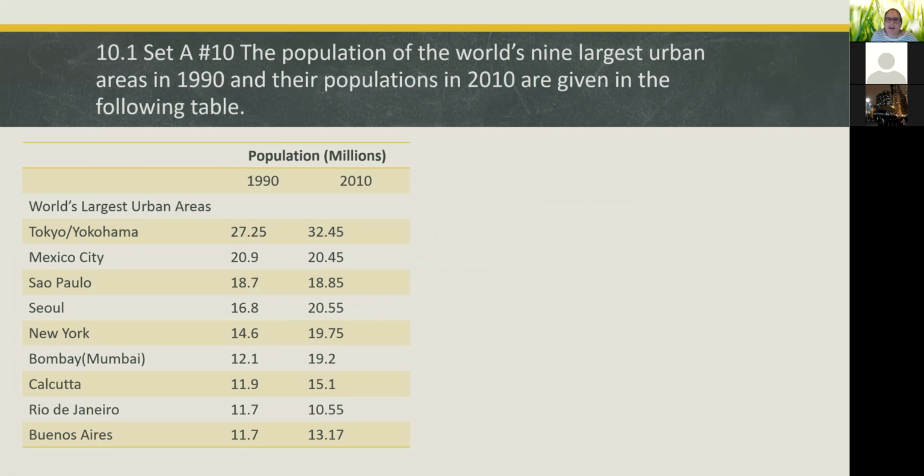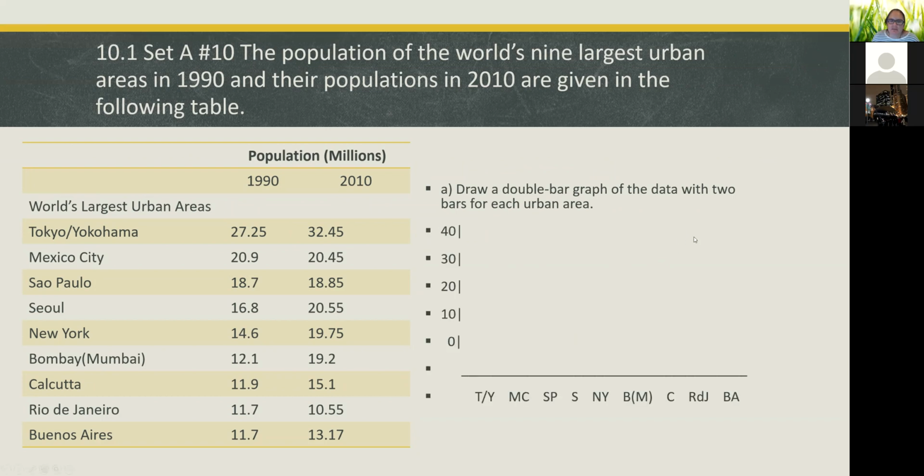It says the population of the world's 9 largest urban areas in 1990 and their populations in 2010 are given in the following table. Okay. So we've got all these different cities, and we've got 2 different numbers for their population. And we're going to make a double bar graph of the data where we'll have 2 bars for each city.